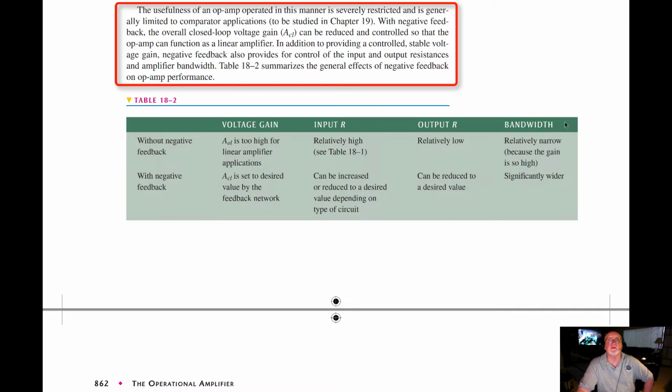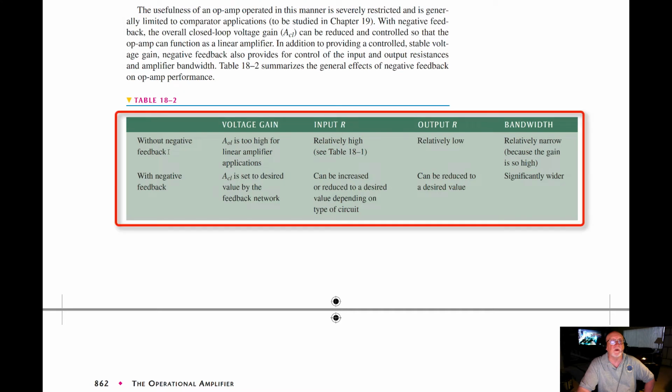In addition to providing a controlled, stable voltage gain, negative feedback also provides for control of the input and output resistances and amplifier bandwidth. The table below summarizes the general effects of negative feedback on op amp performance. So we can see here with and without negative feedback in terms of the gain, the input resistance, output resistance, and bandwidth.